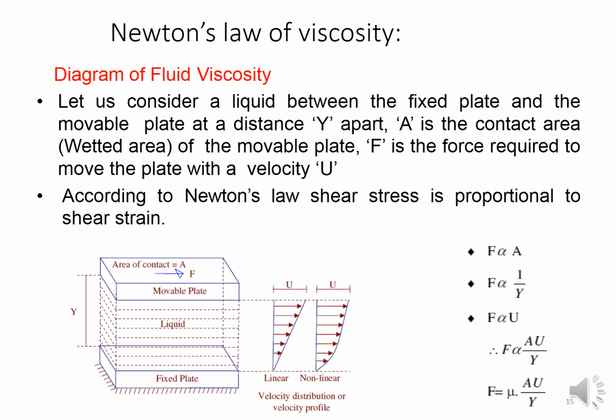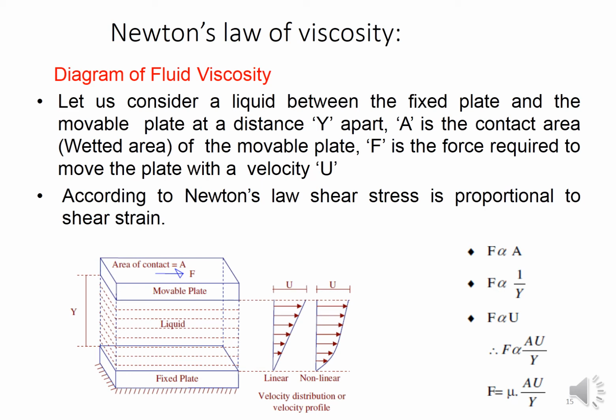So u is the velocity. As we go upward, the velocity of the layers is more, and as it comes near to the fixed plate, its velocity is reducing, and at the fixed plate the velocity is 0. You can observe in this graph itself, linear and non-linear. That arrow mark shows the increase in the velocity at the top and decrease in the velocity at the bottom.